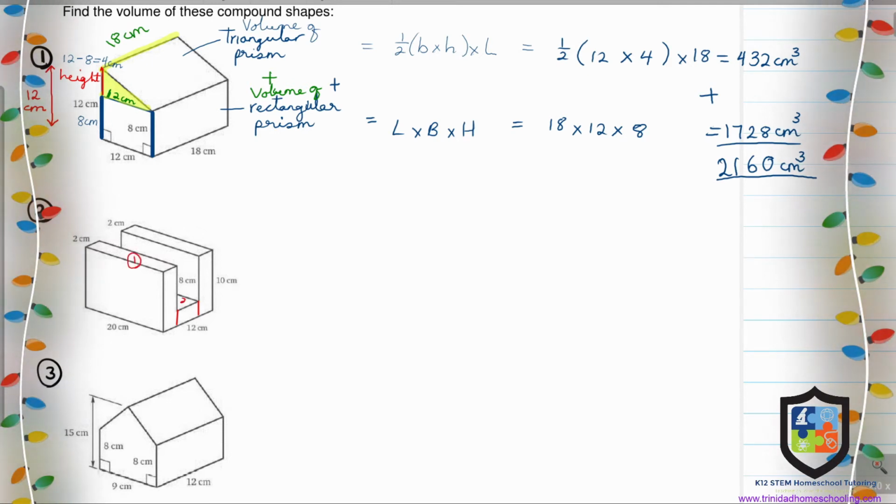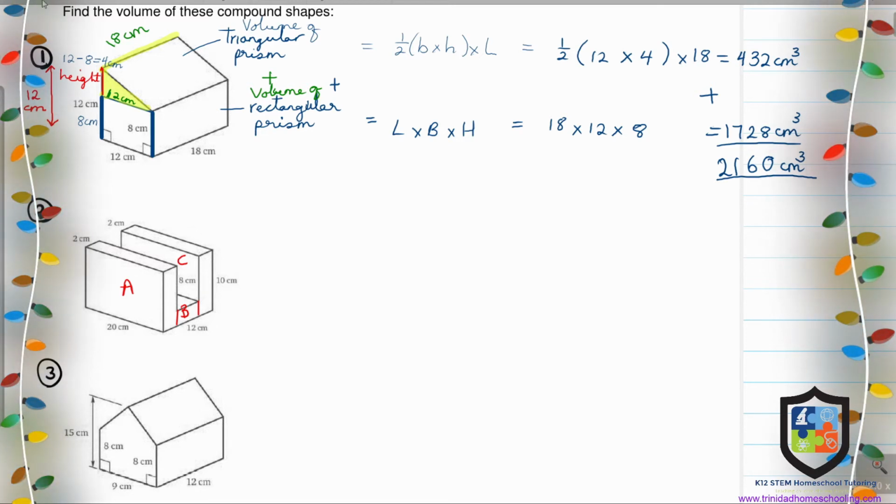1, 2, 3. Okay, so let's use letters instead, because they're all the same shape. We're going to use A for this one, B for that one, and C. It's just going to make it easier to write your statements.